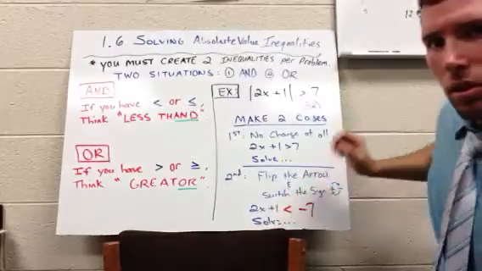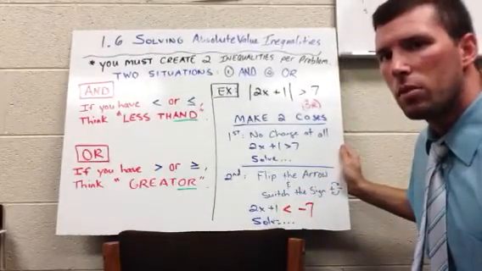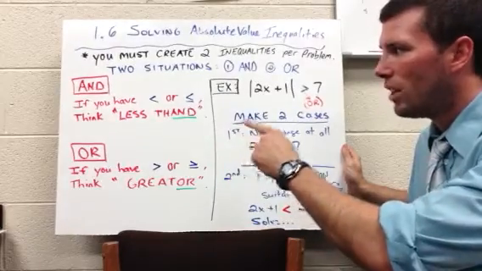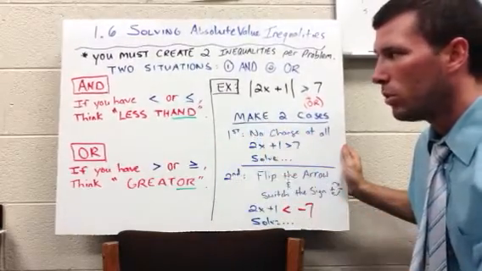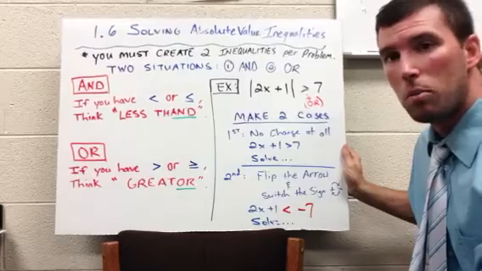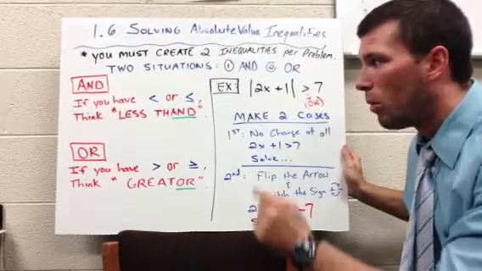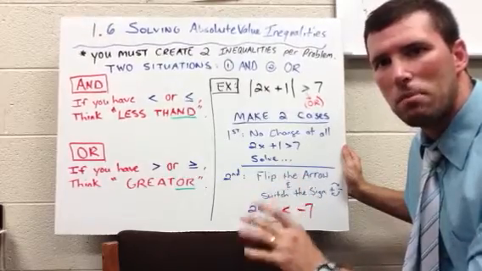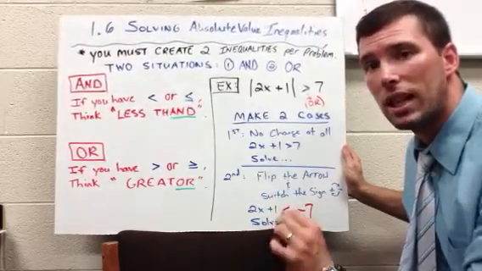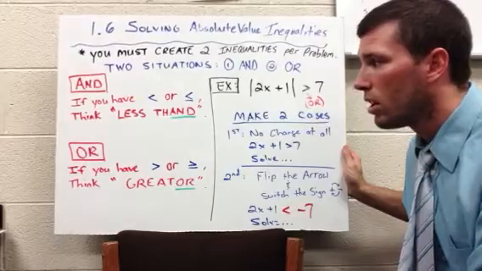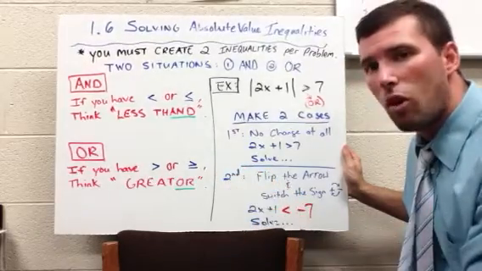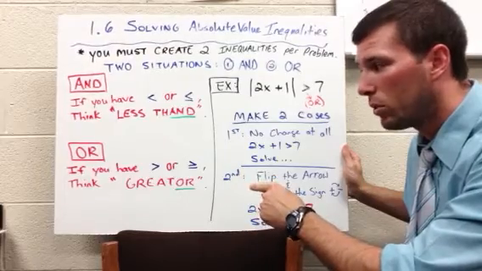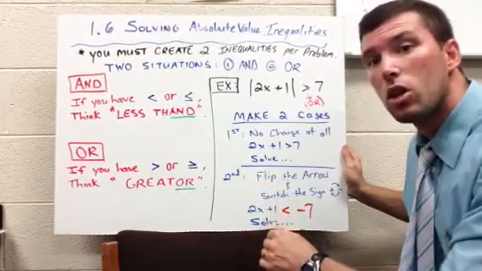I see there's a little bit of a glare, so we'll raise that up. So on the and problem, if you have a less than or a less than or equal to symbol in your problem with the absolute value bars, I want you to think less than. So just add that D on and make a mental note that that's what you're going to use. It's going to be an and situation. On the bottom part, if you have or, if you have a greater than sign or a greater than or equal to sign, I want you to think about greater.